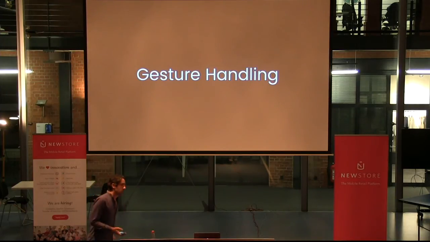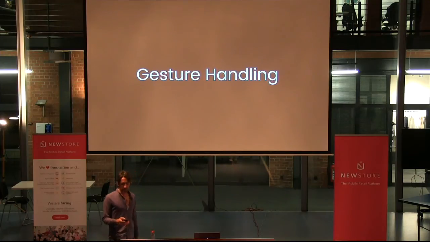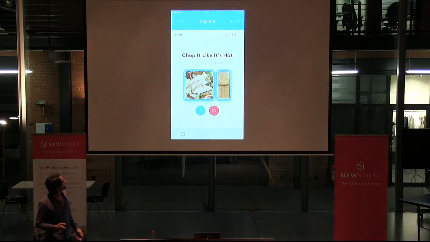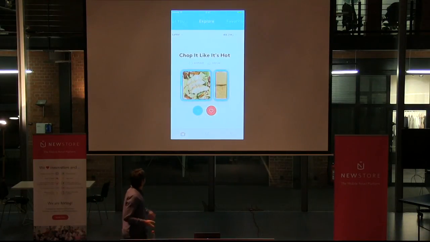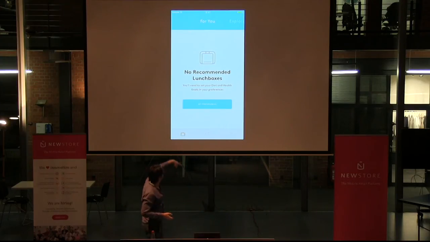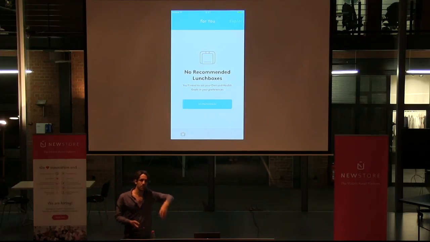The other tricky bit is gesture handling. We're coming back again here because in this app, you can't see it here because you can't see where I'm tapping, but you can actually scroll here by scrolling in the middle and also scrolling horizontally at the top there. And you can scroll up and down on these lists to see the different lunchboxes that are in each list.